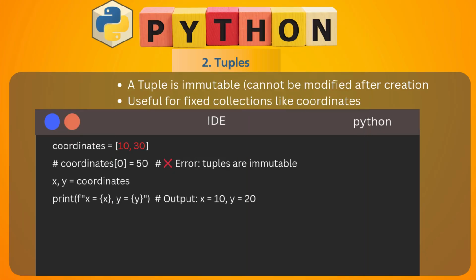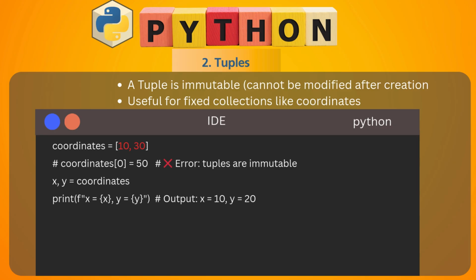In Python, tuples look like lists. But there is one big difference. Tuples cannot be changed after creation. Let's see why that is important. Here we created a tuple with 2 values, 10 and 30. Tuples use parentheses instead of square brackets. Unlike lists, tuples are immutable. Once created, you cannot change, add or remove elements. Now you can see you can unpack a tuple directly into variables.